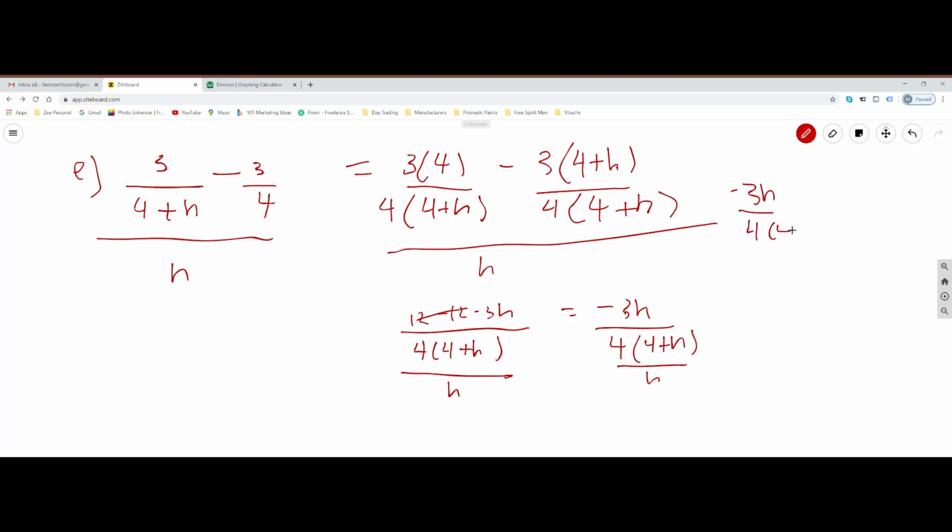You're dividing, right? So you're going to multiply by the reciprocal, 1 over h. So you're canceling the h's. You're left with negative 3 times 1 over 4 plus h. So that's your answer.